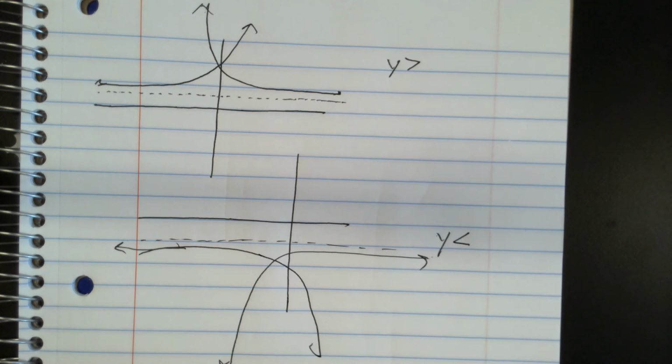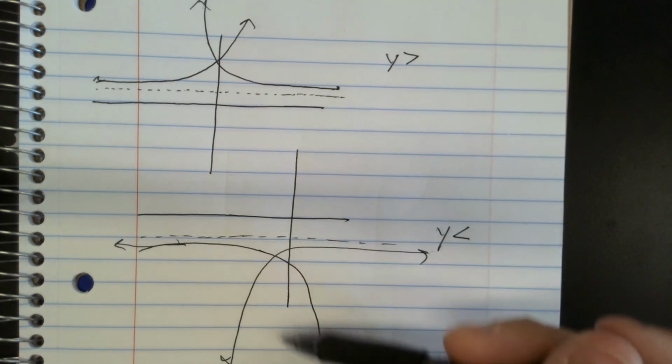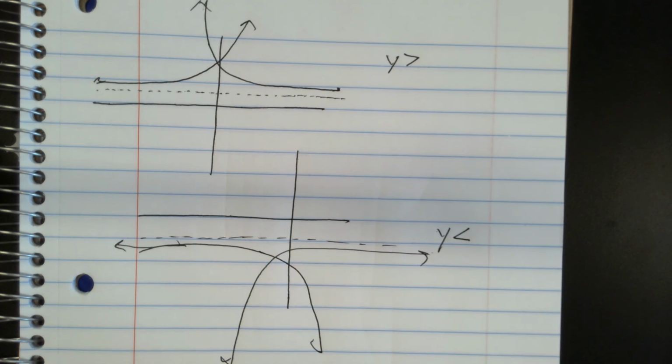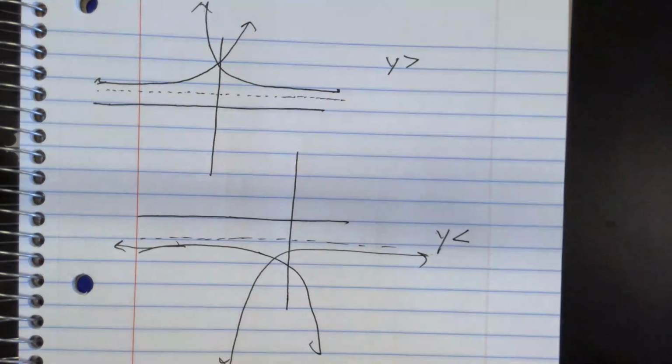And they're always going to have a dotted asymptote line for you, and you're going to be able to see exactly where it crosses. The only thing you have to know is that if it's below it, it's less than. Of course it's less than. Look, it's below, it's going downward, right? So it's going to be less than. It's going upward, so it's going to be greater than. But that's it today. You're going to graph, and you're going to have to list some domain and ranges.